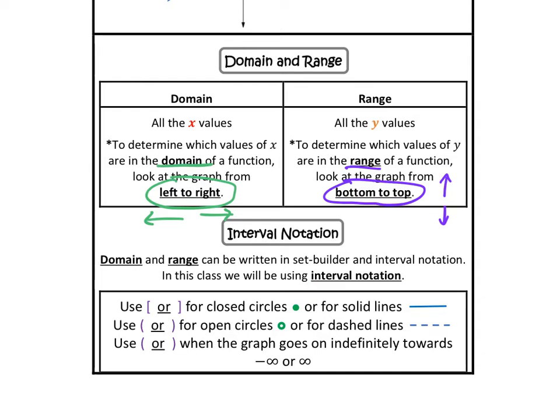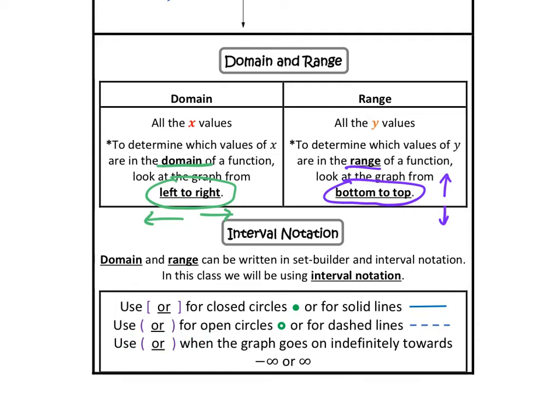Some of you may be familiar with interval notation. Basically, in interval notation, we use brackets and parentheses. And if you remember, brackets correspond to closed points on the graph or closed circles. Or you could also be talking about solid lines in the graph or the function.